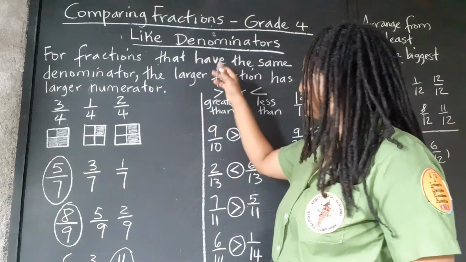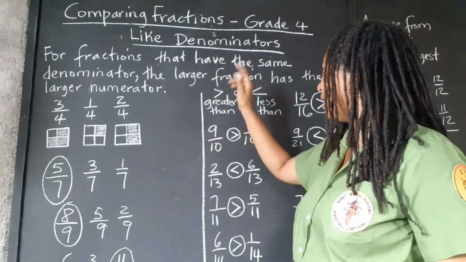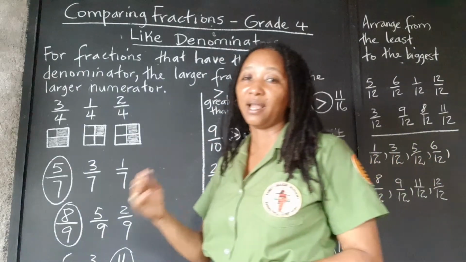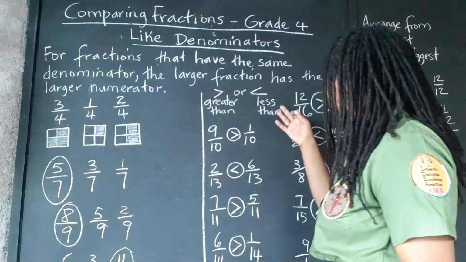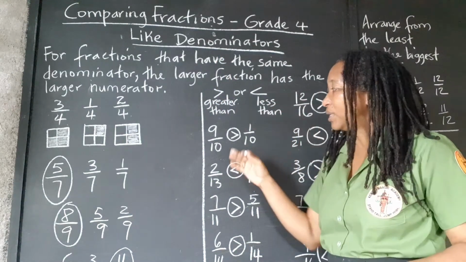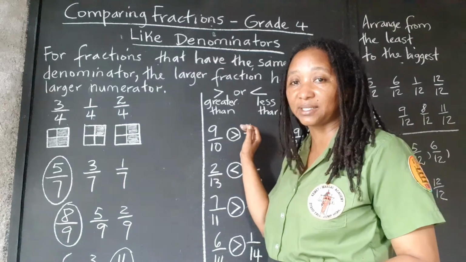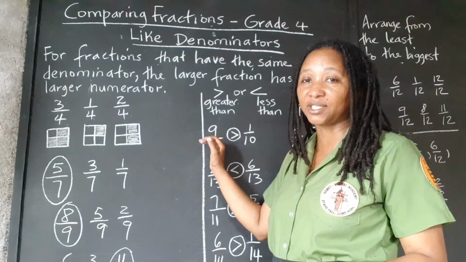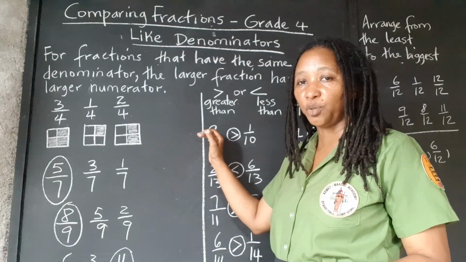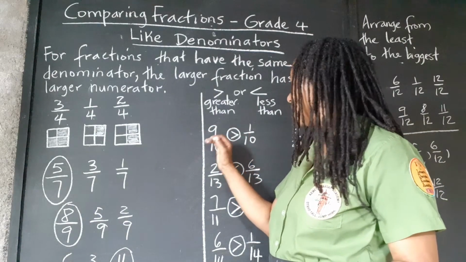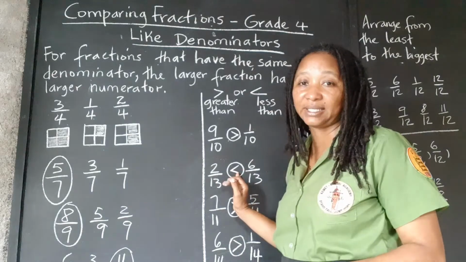So for fractions that have the same denominator, the larger fraction has the larger numerator. If we're putting the greater than sign or less than sign, we simply compare the numerators. If the bigger numerator is to the left, you put the greater than sign. And if the smaller one is to the left, we put the less than sign.